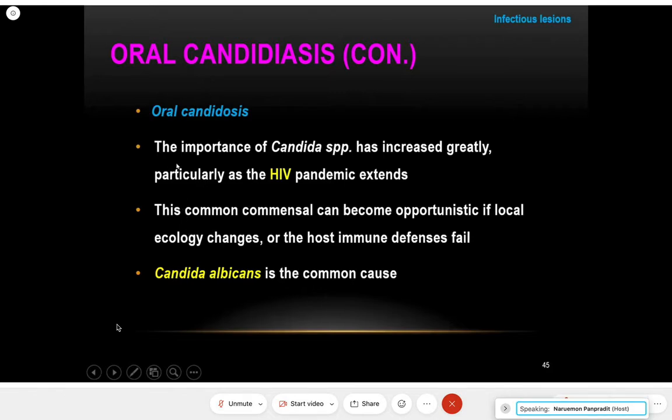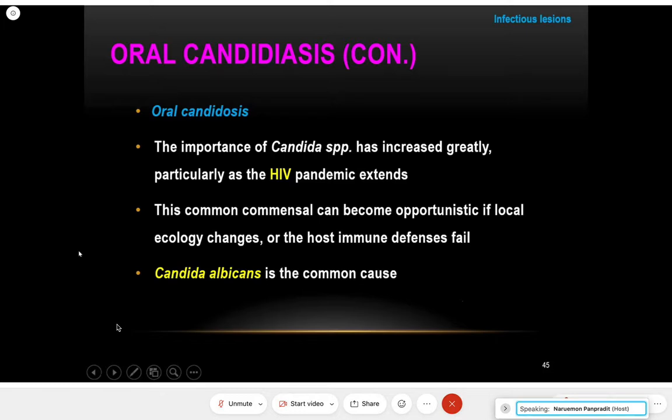In some eras, they talked about the importance of Candida species because most HIV patients show oral candidiasis. Because HIV patients are weak, they can easily get infected with viruses, bacteria, or Candida. However, not only HIV patients, but also normal patients who have an environment suitable for Candida to overgrow, as an opportunistic infection in the ecology or immune defense.